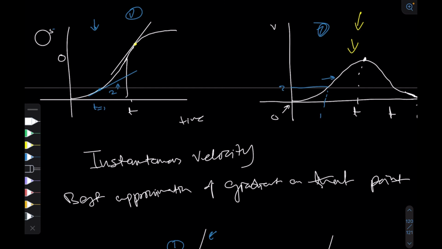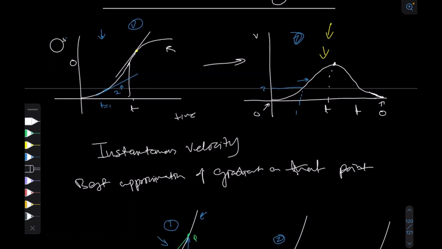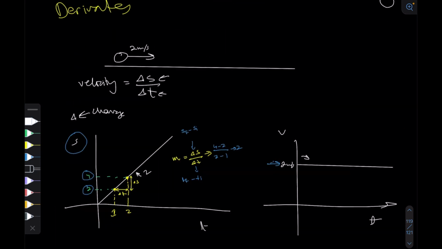And so we can work with functions like these. So the differential of the displacement time graph gave us the velocity time graph, right? So now convince yourself why the differential of the velocity time graph should give us the acceleration time graph, right? And that's all for today. Bye bye.